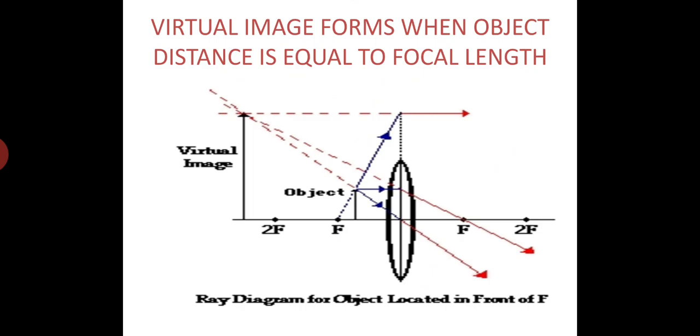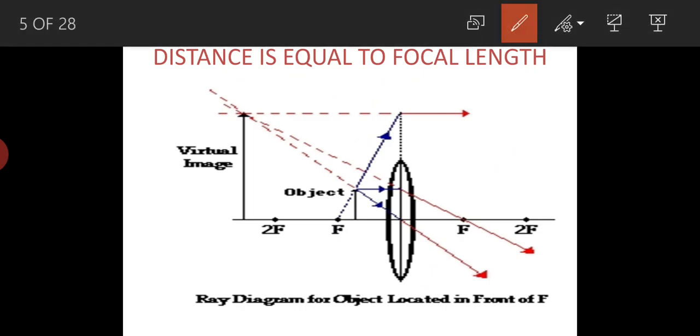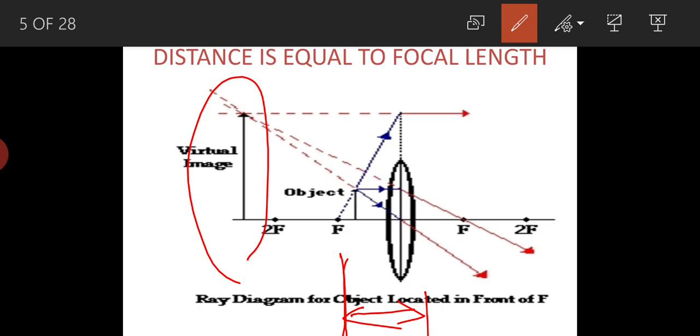A virtual image will always form when the object is placed between the focus and the optic center. Only then will a convex lens form a virtual image. Otherwise, the lens will not form a virtual image.